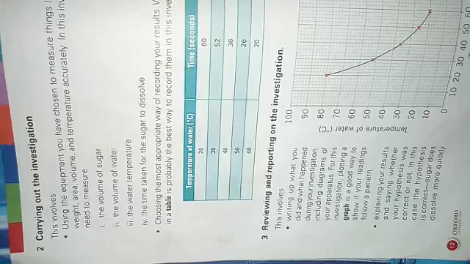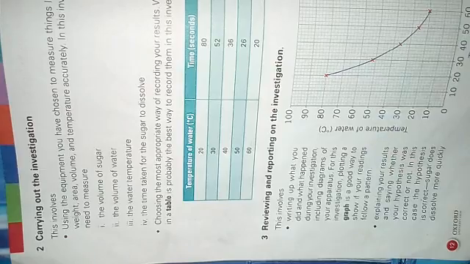Students, in this step, we will make a report on an investigation. We have done all the things in preparation and carrying out the investigation. We make a report on all these steps, and the results we get from these two steps.